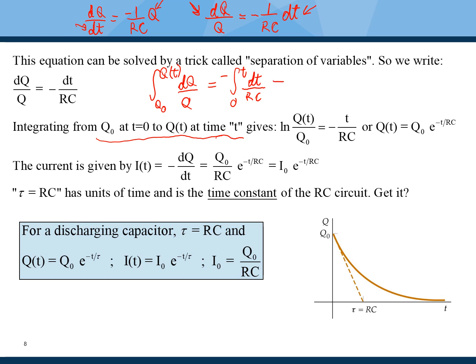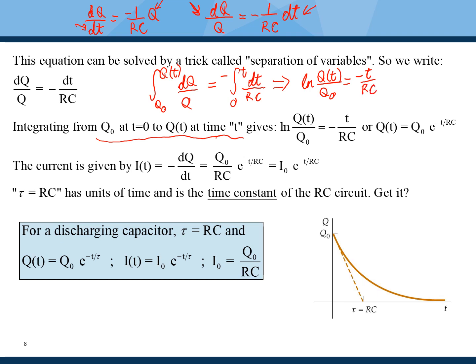So this essentially tells us that we have the natural log of q at a general time t divided by the original charge q0 as being equal to minus t over RC.